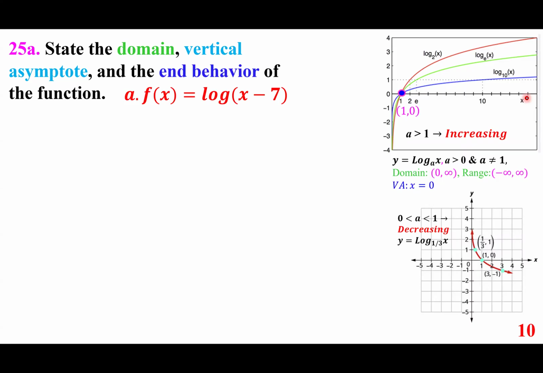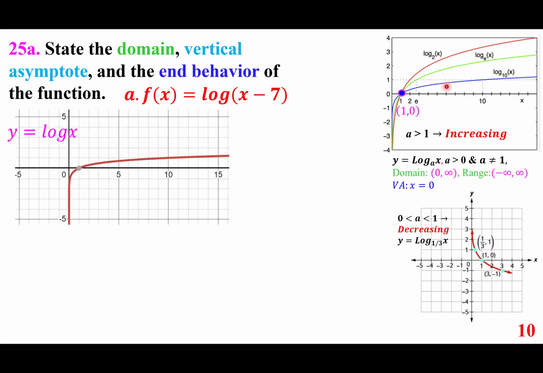So I wanted to remind you how the log looks like. And in this case, the base is 10. So basically, we are looking at the blue one, something like that. And of course, in this case, we have the same x-intercept at 1, 0. Okay, just reminding you.